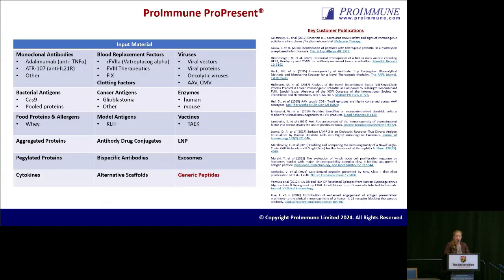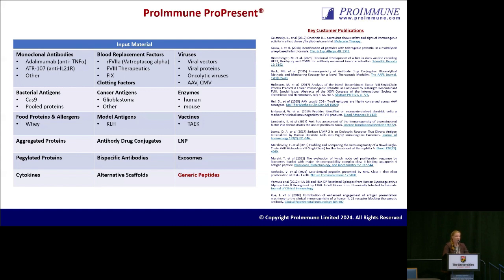So as I mentioned, the ProImmune version of the MAPS assay is called ProPresent, and we really have an unrivaled client publication record with this assay, and some of those key publications are listed here on the right. Our customers have used ProPresent to interrogate a wide array of input material, which has been characterized here in this table.